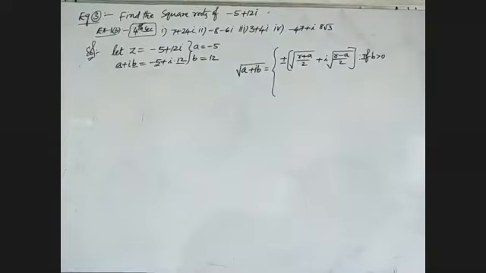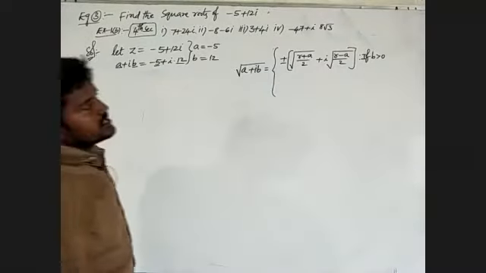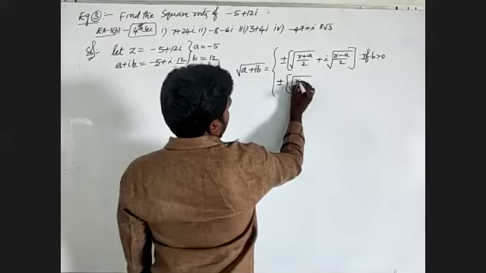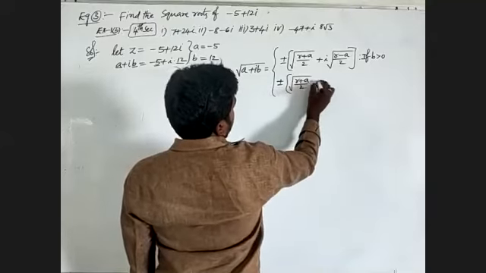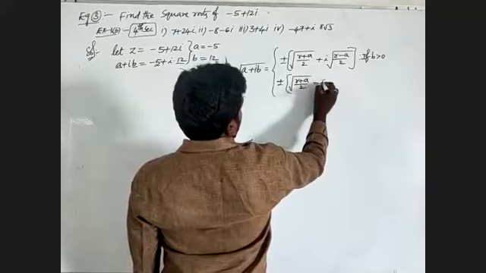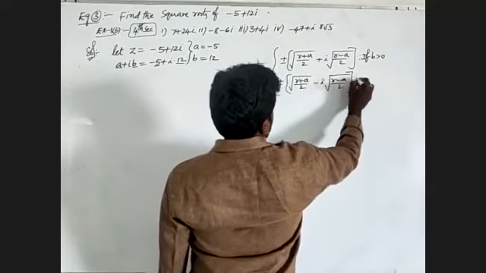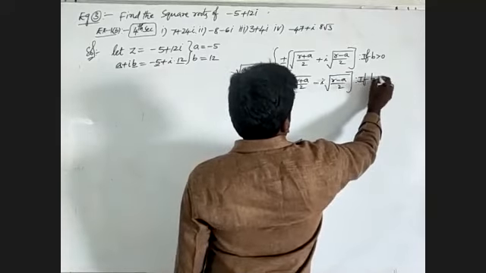When the value of b is greater than 0, we take this condition. Otherwise we take the other formula: plus or minus root of (r plus a)/2 minus i into root of (r minus a)/2, if b is less than 0.